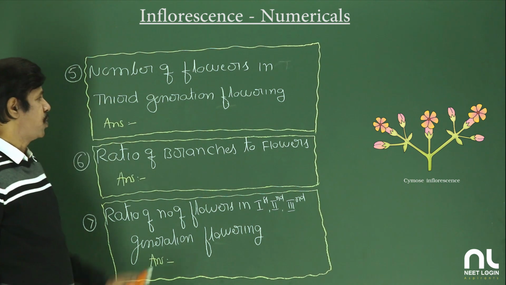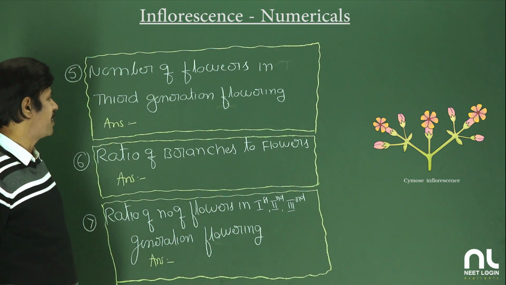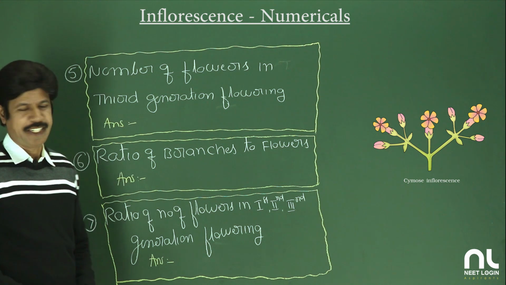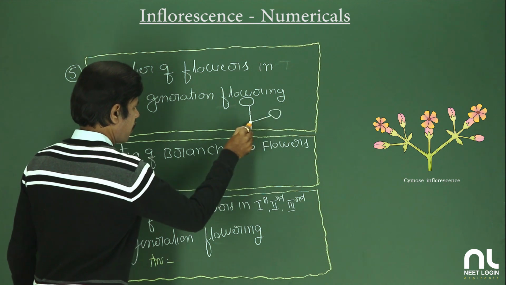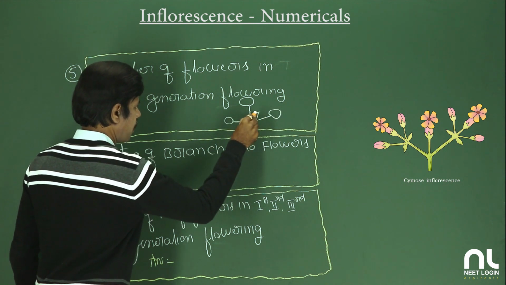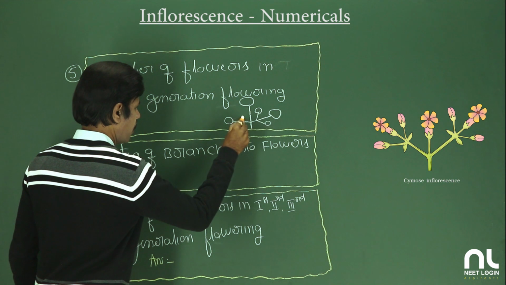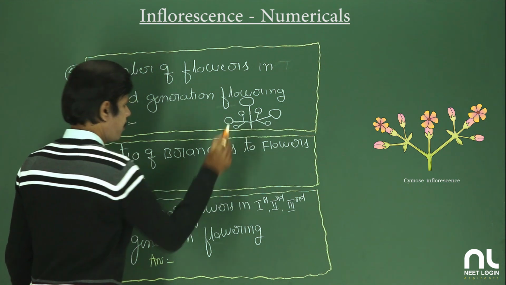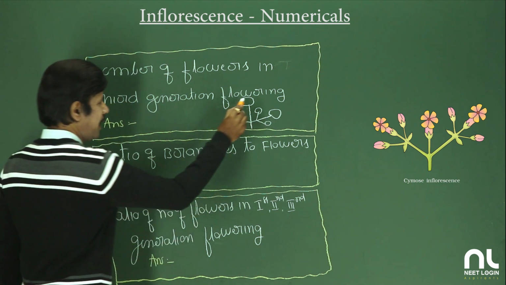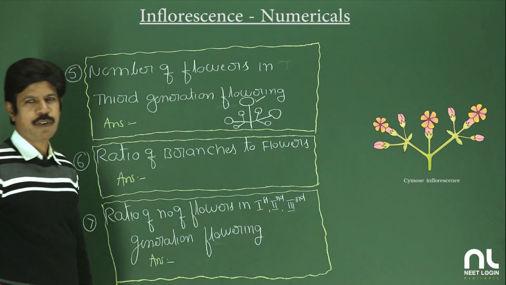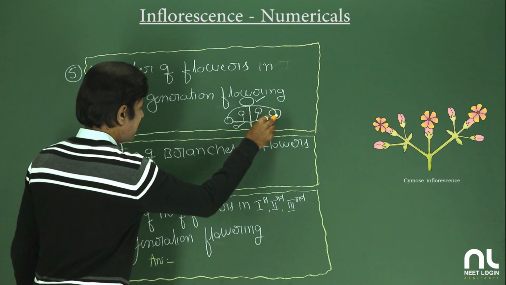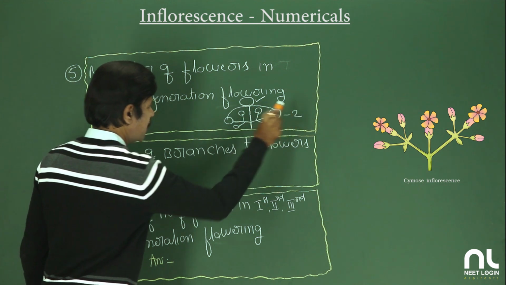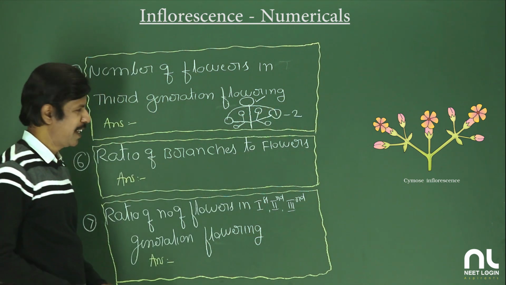With regard to fifth question, number of flowers in third generation flowering. It is the first generation flowering. In second generation flowering, it is 2 flowers.